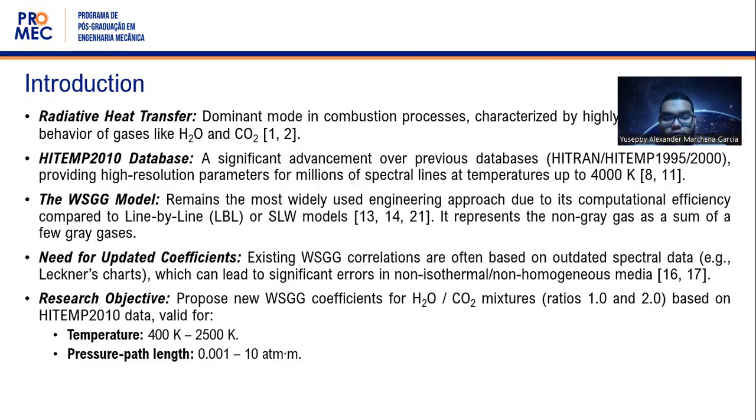The coefficients cover a wide range of temperatures and pressures, and validation in non-isothermal and non-homogeneous media shows good agreement with the LBL results, confirming that WSGG remains an efficient and accurate option for fast radiative heat transfer calculation in combustion processes.